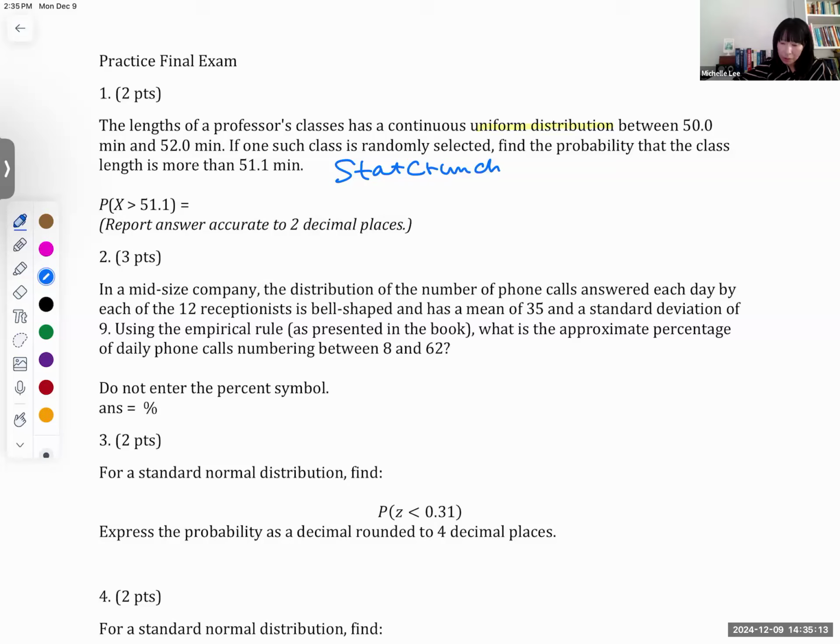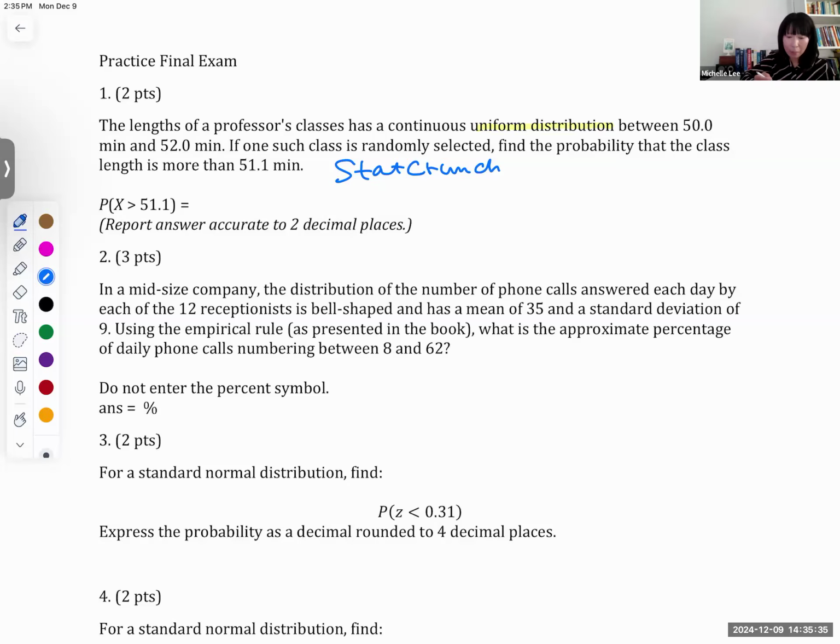So uniform distribution between 50 and 52. What is the minimum in this case? Because we have to set it up, right? Minimum, maximum. And then it's more than.